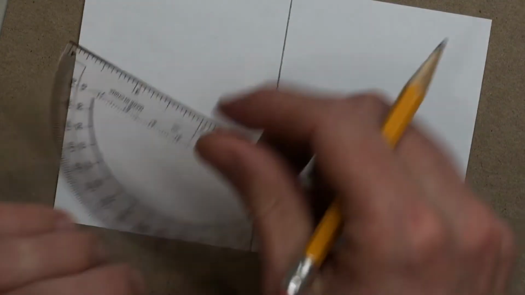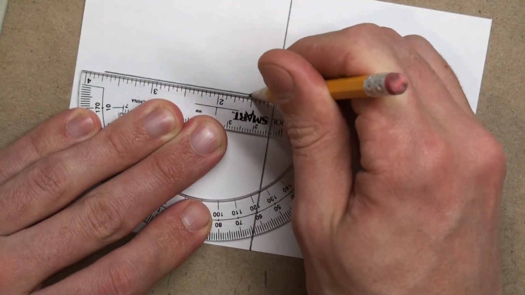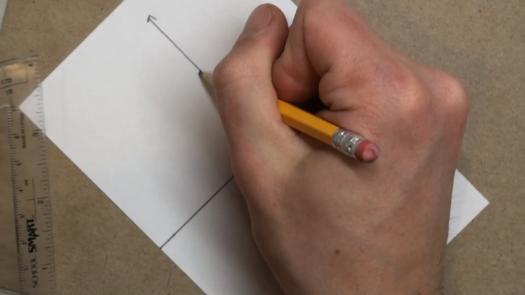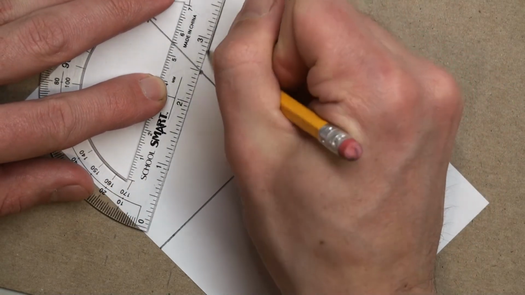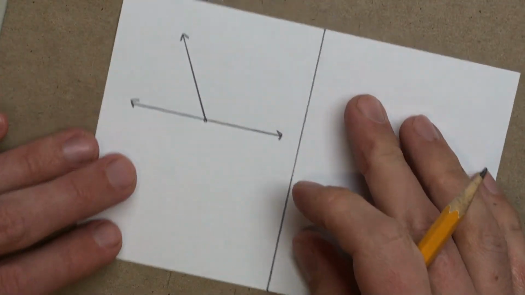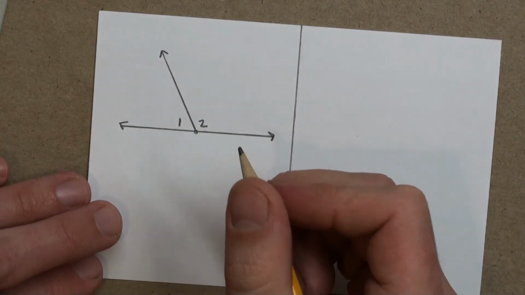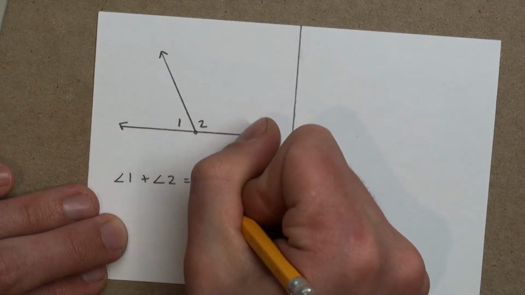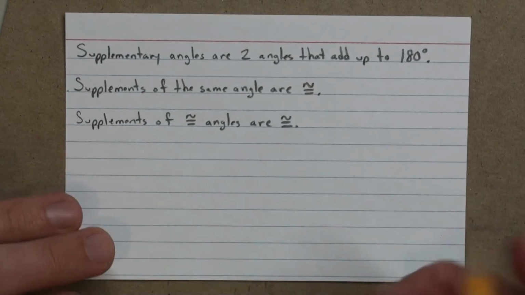So here's one example, right? If we call this angle 1 and angle 2, angle 1 plus angle 2 equals 180 degrees. Let's add something else on this side.